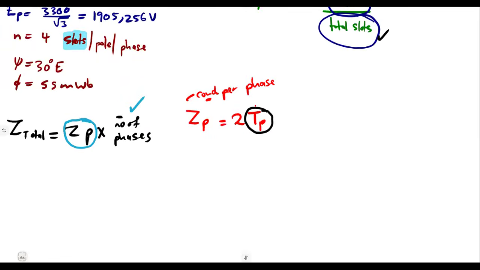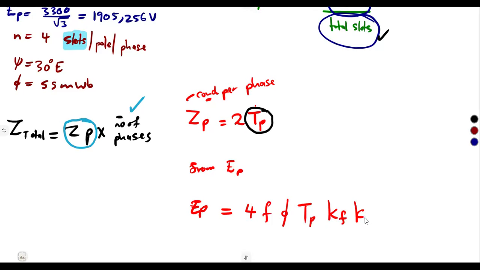Let me just write my formulas, then we just reverse them together, guys, all right? So from EP, induced EMF per phase. Remember, from our formula, we said our EP is 4 times frequency, the useful flux, there we have our TP, our form factor, our pitch factor, our distribution factor.